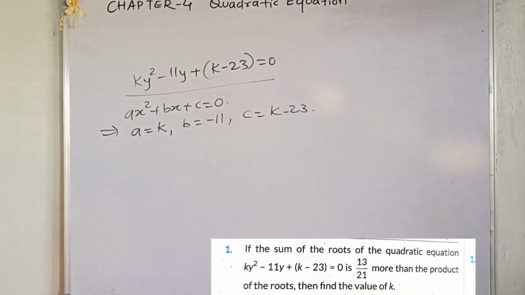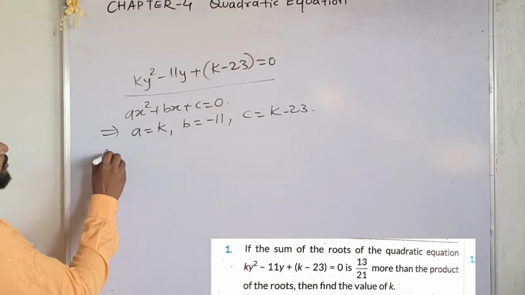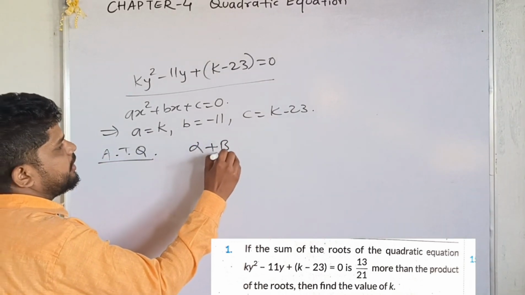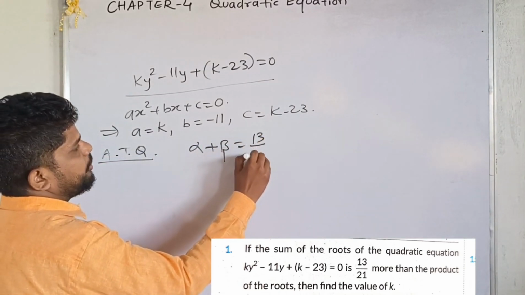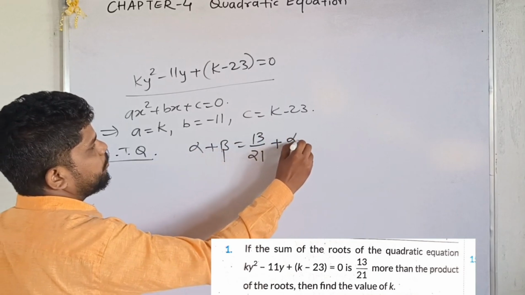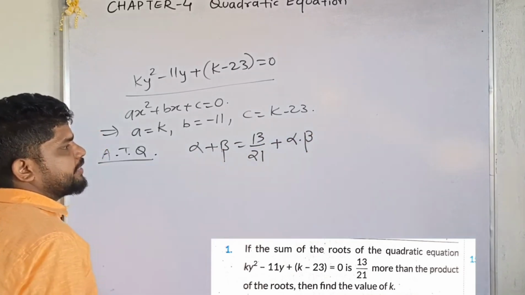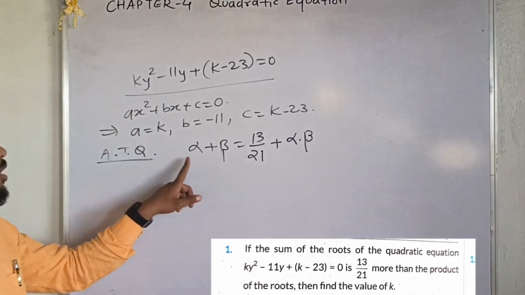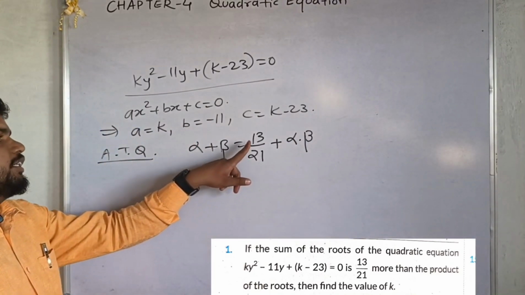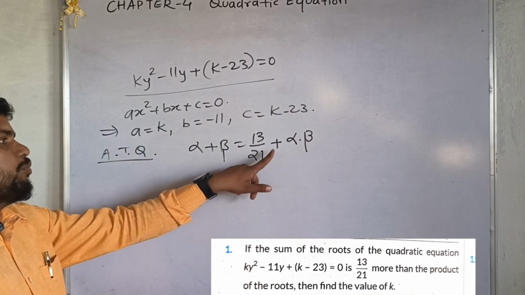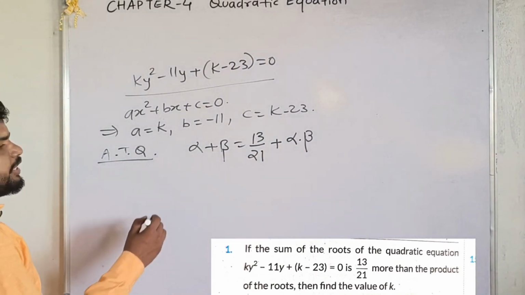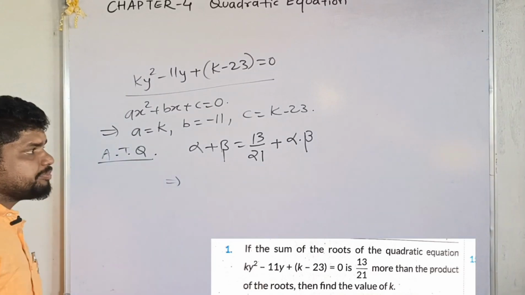Okay, so here according to question, alpha plus beta is 13 upon 21 more than their product. Okay, in question it is given that the sum of the roots is 13 upon 21 more than the product of the roots.